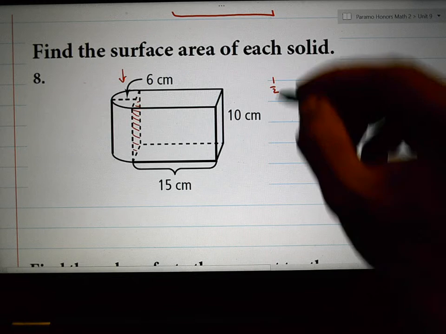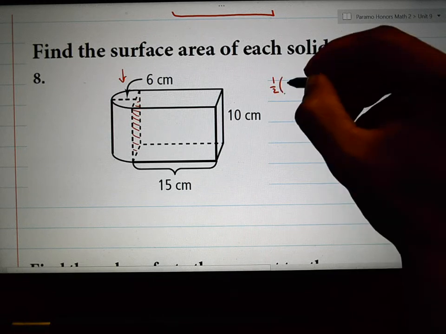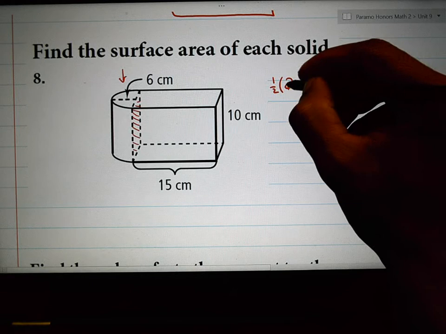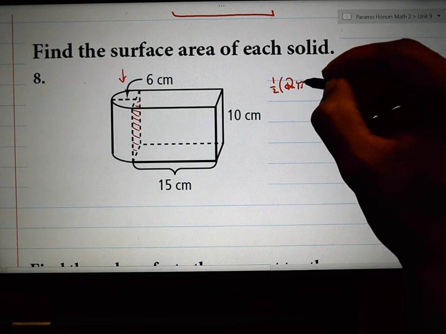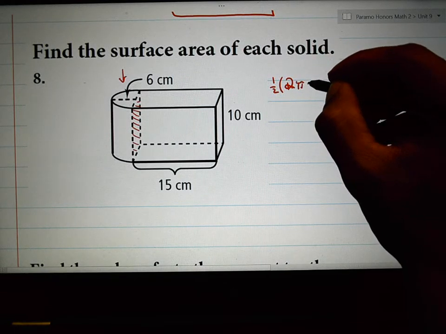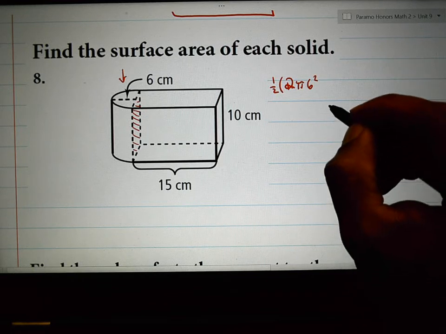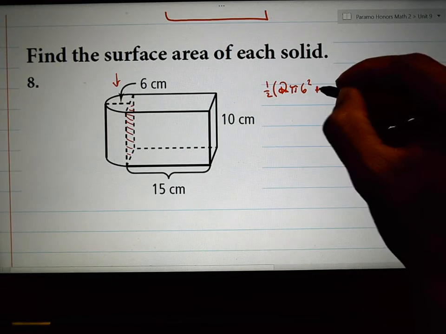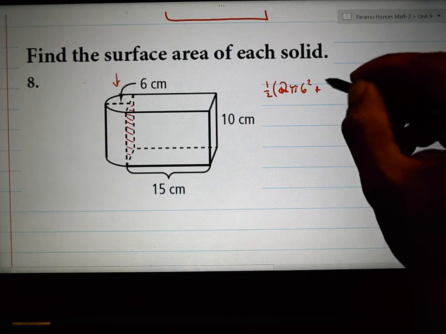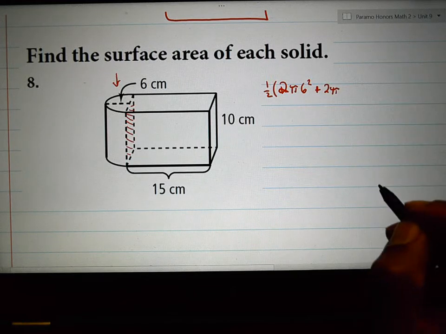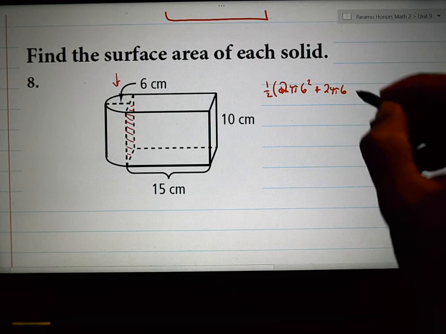That means we're going to do half of 2 pi r squared. What's r in this case? 2 pi r squared plus 2 pi, the radius r, h.